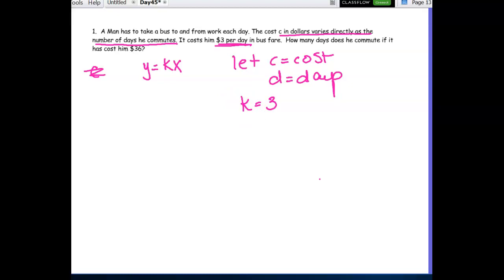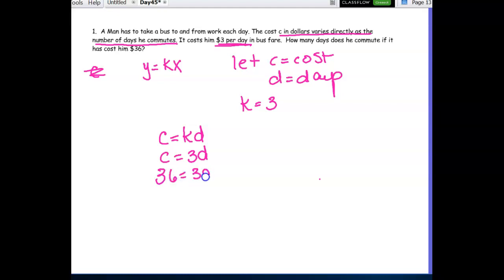Okay, so if it costs him $3 per day in bus fare, how many days does he commute if it costs him $36? So now our cost is going to be equal to K times the number of days. All right, so in this case, the cost is equal to 3 times the number of days because it's costing $3 per day. And it's going to cost him $36.